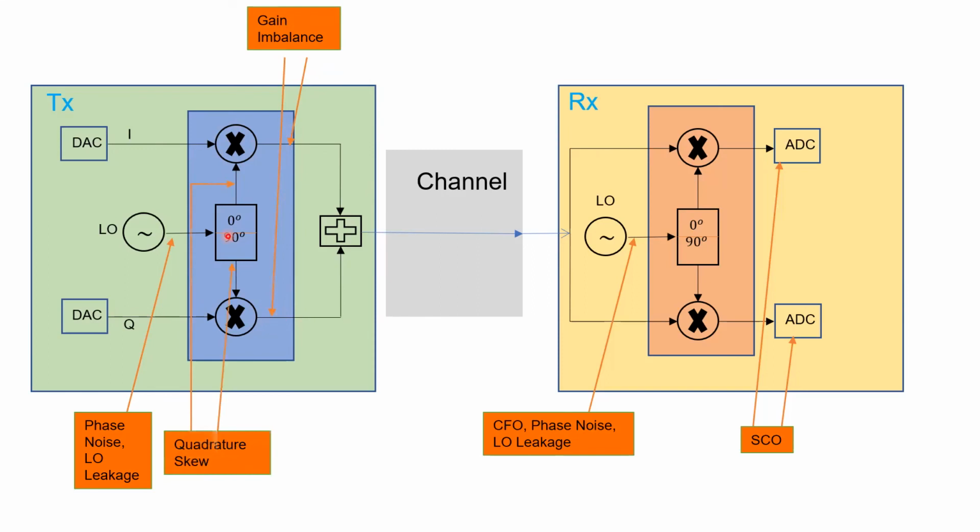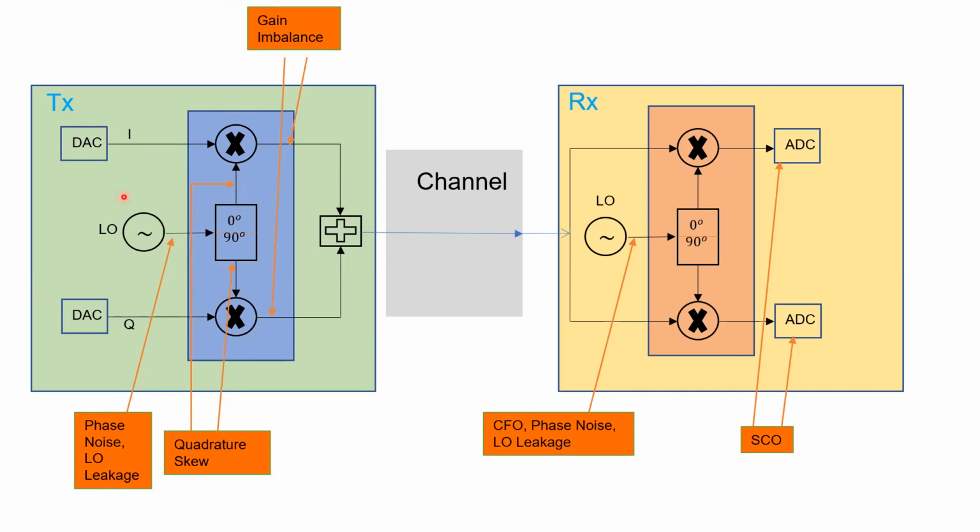Similarly, I generated one sinusoidal signal like cos 2 pi FCT. Ideally we think that this branch has cos 2 pi FCT and this branch has sine 2 pi FCT, because they are separated by 90 degrees. But who knows if it is exactly 90 degrees. It could be 91 degrees, 95 degrees, 85 degrees, something else like that. So this basically introduces quadrature skew.